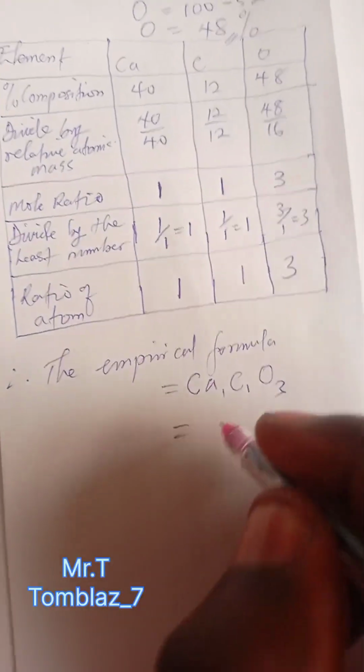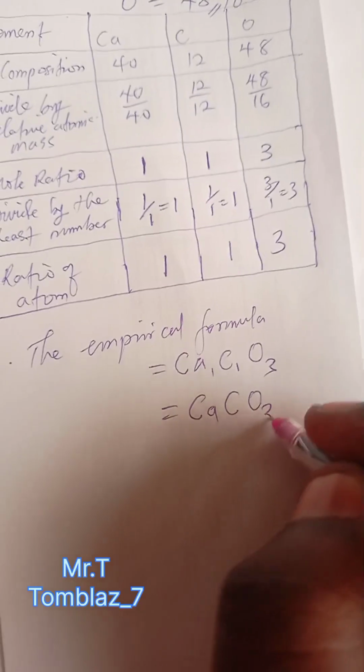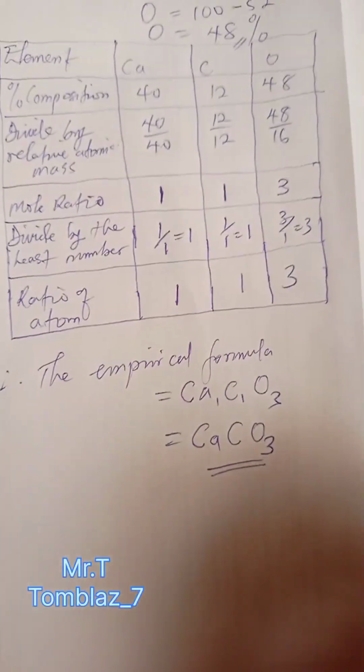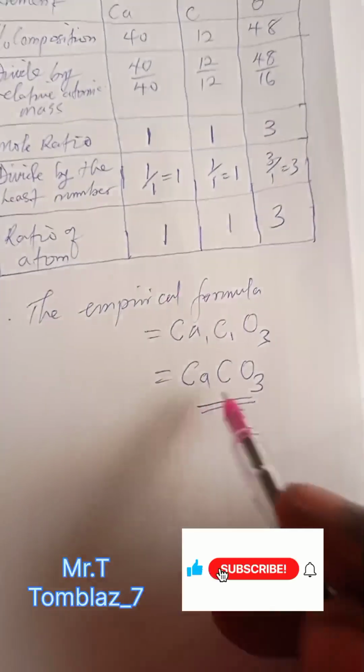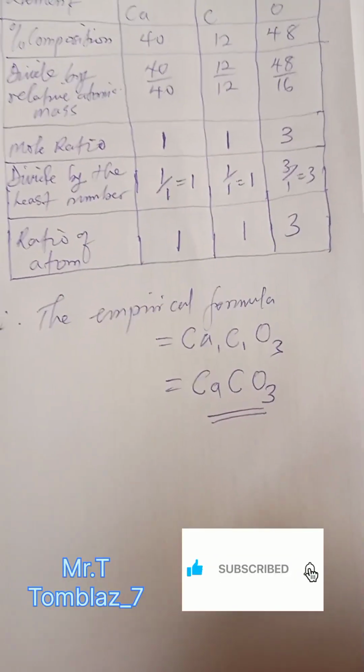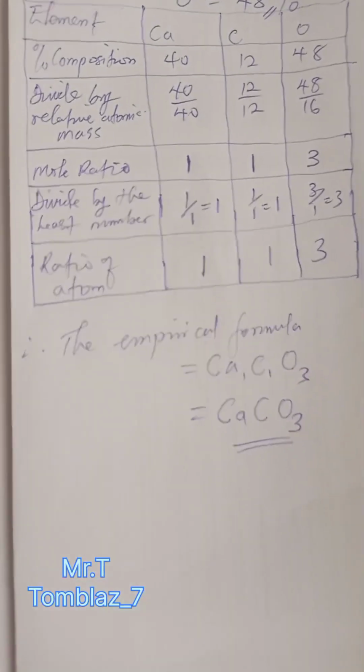So we're going to have CaCO3. And the name of this compound can be determined as well. This is calcium carbonate, right? Okay, that's the end of the calculation.